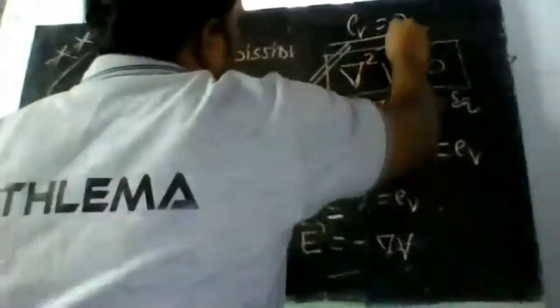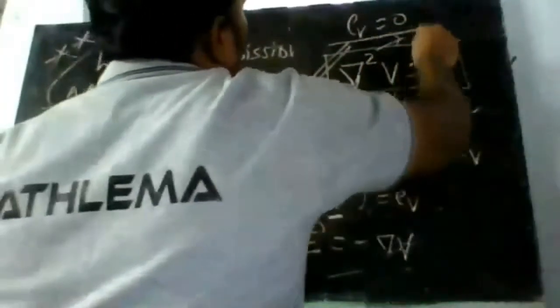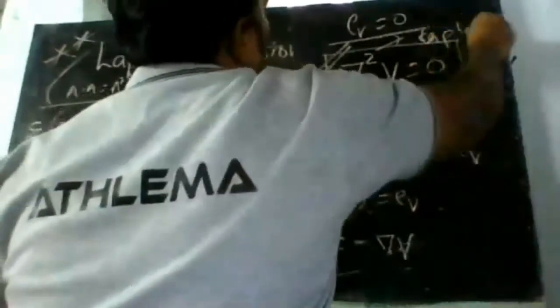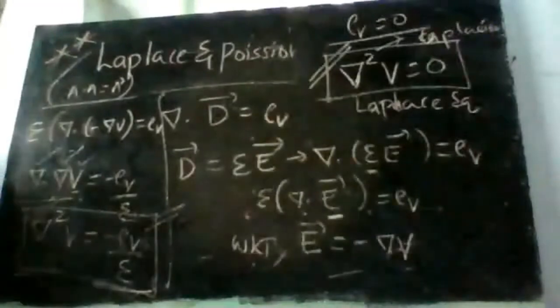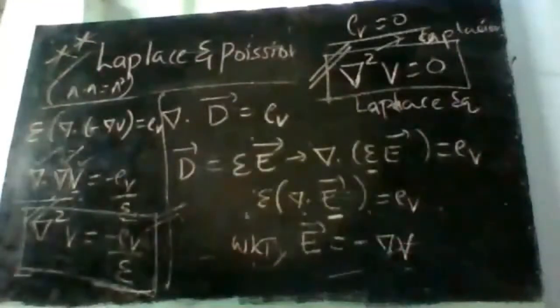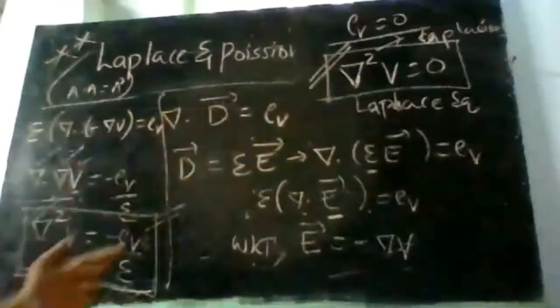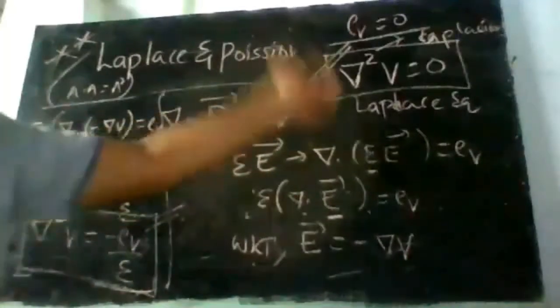This del square operator is called the Laplacian operator. Del square of a scalar is called the Laplacian of the scalar, the Laplacian of the potential. So this is the Poisson's equation, and this is the Laplace equation.